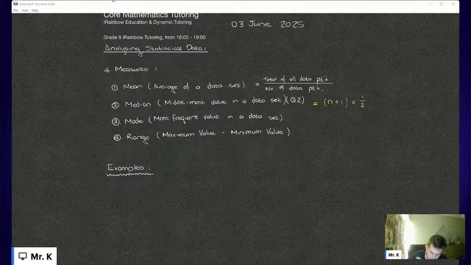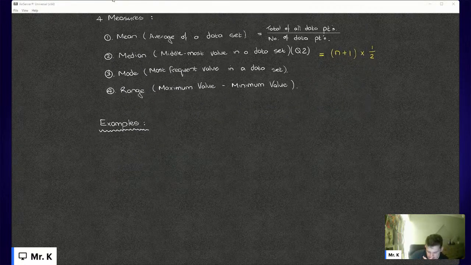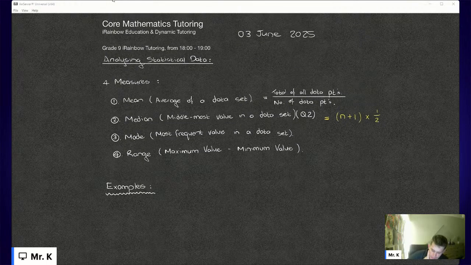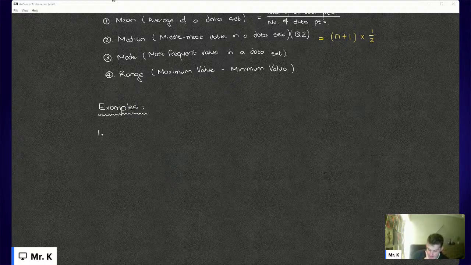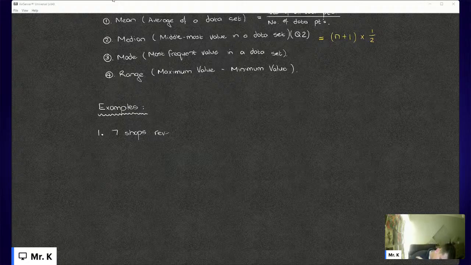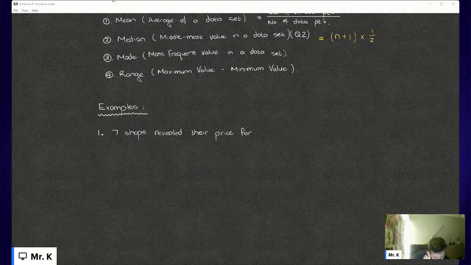Right, so let's go through an example, guys. You are given a data set that tells you the following information. Example number 1. 7 shops revealed their price for a, let's say, can of Fanta.